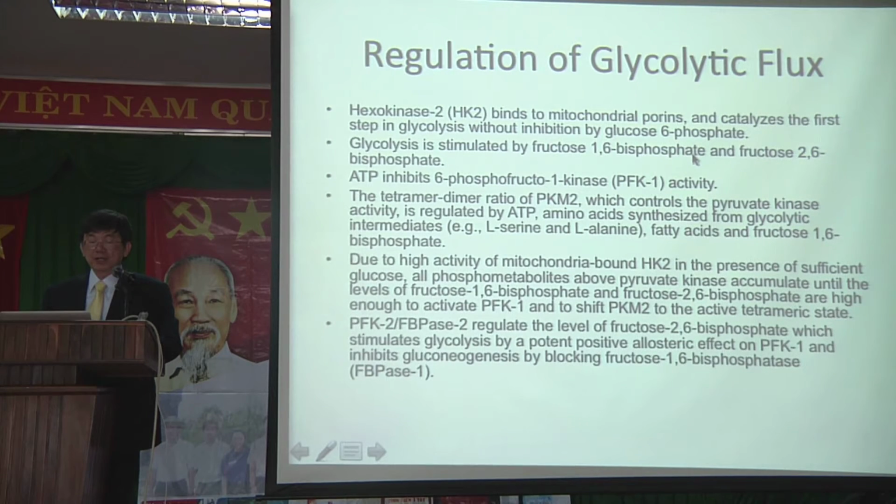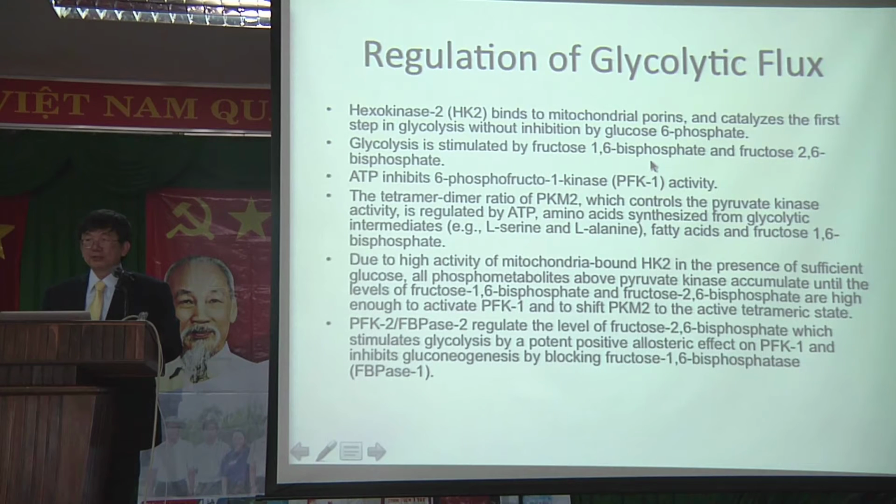inhibition by this metabolite. Glycolysis is stimulated by fructose 1,6 bisphosphate and fructose 2,6 bisphosphate. So you can see why it is very important that when TIGAR is catalyzing the pathway to decrease this, it decreases the stimulation by this metabolite.